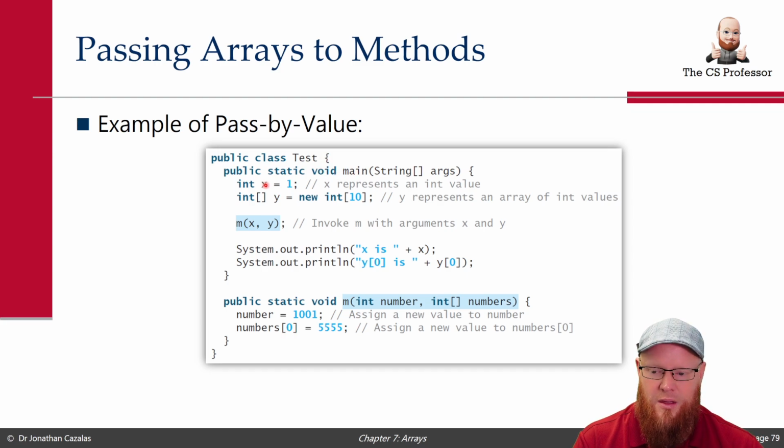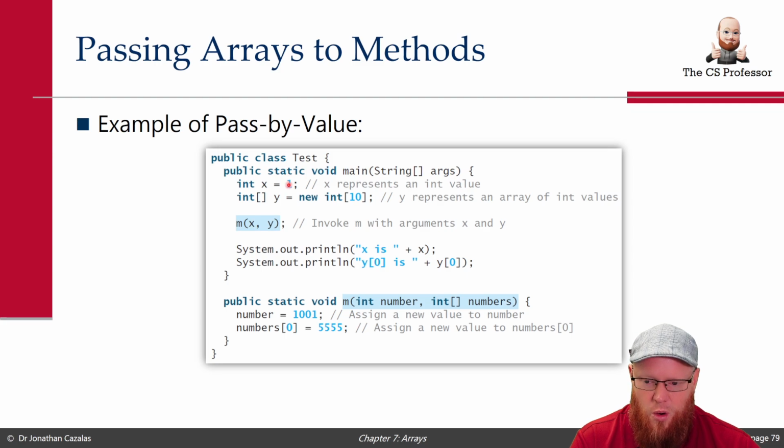In our main, we have int x equals 1, and then we made a new array of size 10 integers, 40 bytes. I'm saying that just for practice, 40 bytes, 4 times 10. We saved the address of that new array into y. So now we invoke method m and we send over x and y. Pay attention, what's being sent over? For x, we're sending over the number 1.